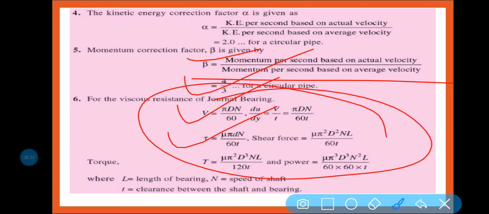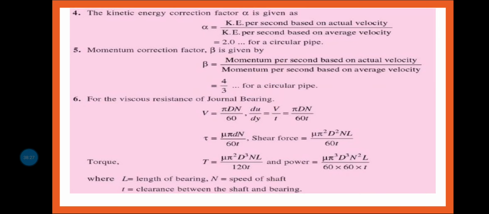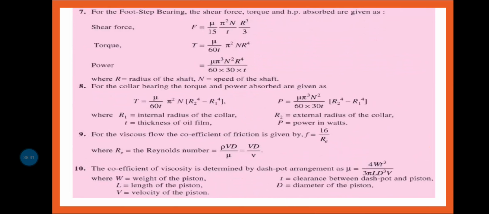Here you will see less application, but in machine design you can see this type of application. Reynolds number is important. Full step bearing is not important, it is not in the syllabus.